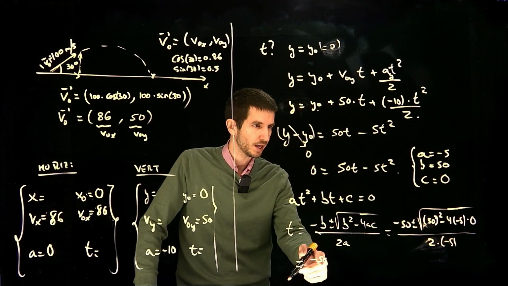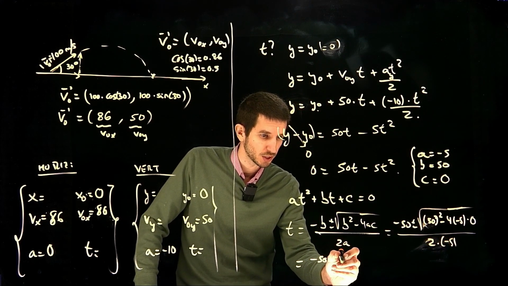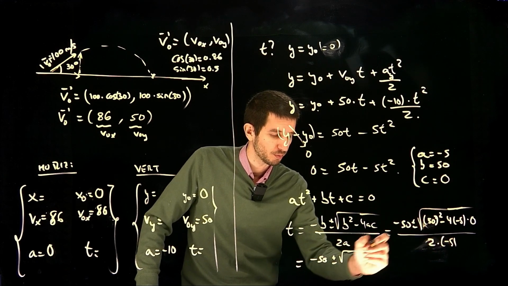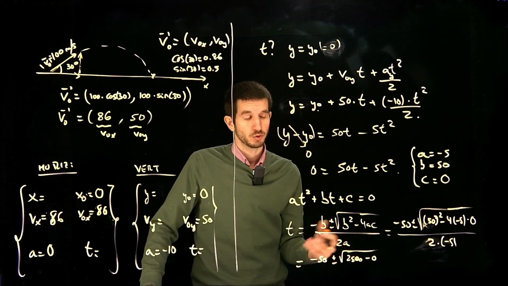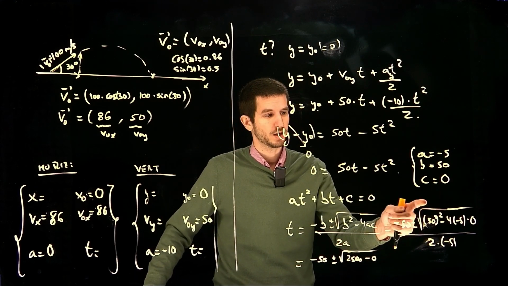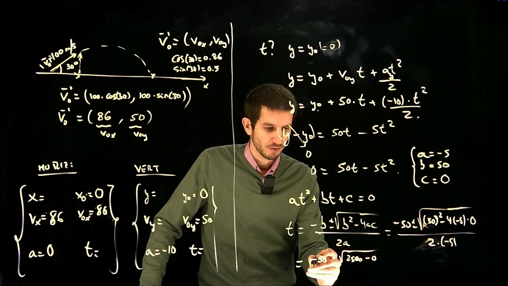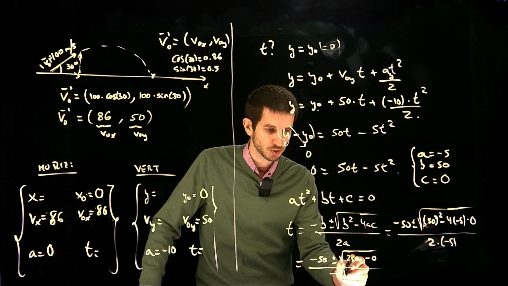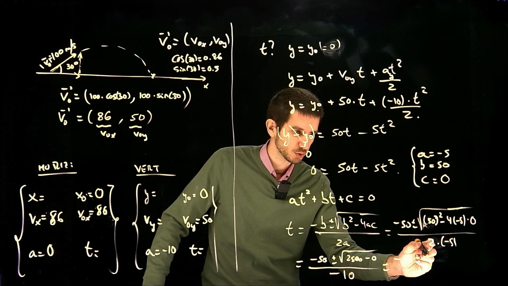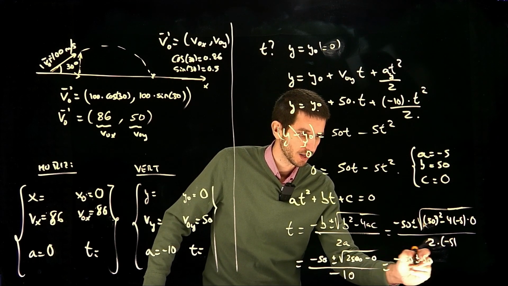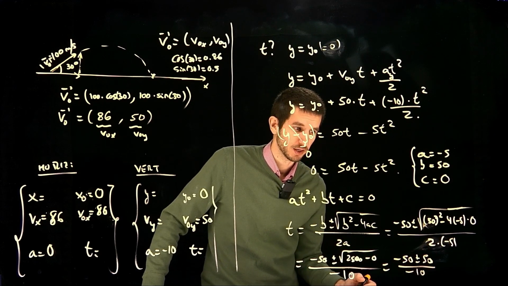So we finally have minus 50 plus minus the square root of 2500 minus 0, which is 2500, which is to say it's just 50 squared, so square and square cancel. And then divided by 2 times that, which is minus 10. So what we have is minus 50 plus minus 50 divided by minus 10.